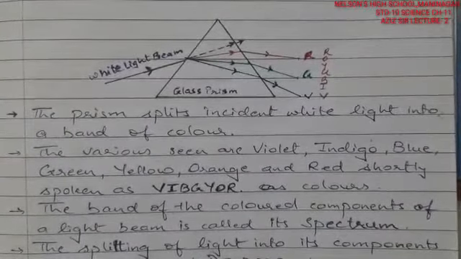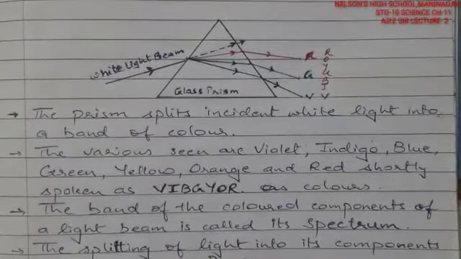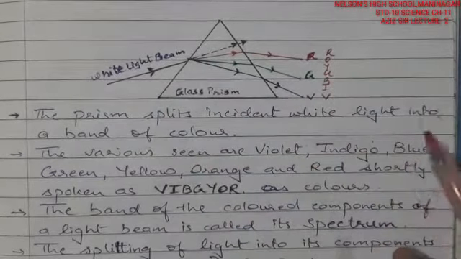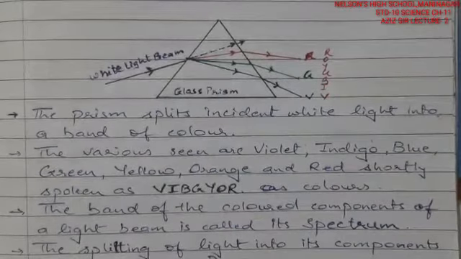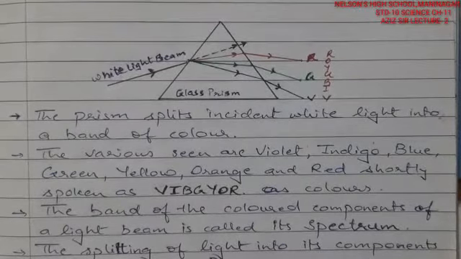Now the band of colored components of a light is called a spectrum. So this band of light which is formed by the white light is called a spectrum. The splitting of white light into different color components, forming a spectrum, is called dispersion of light.